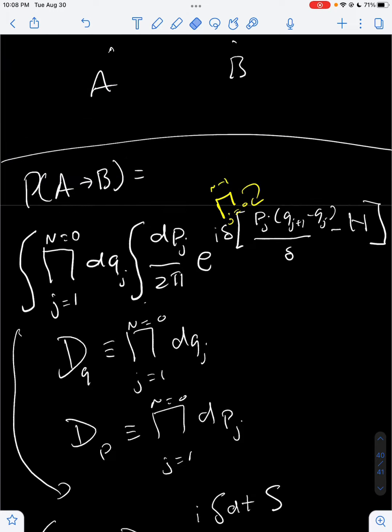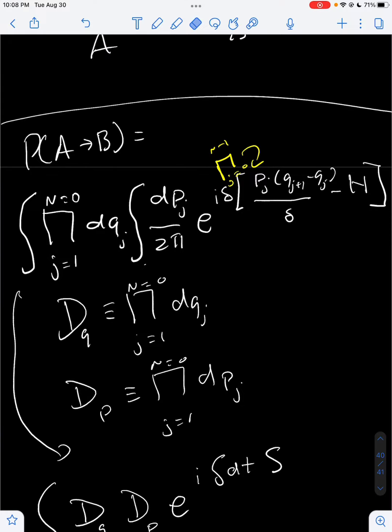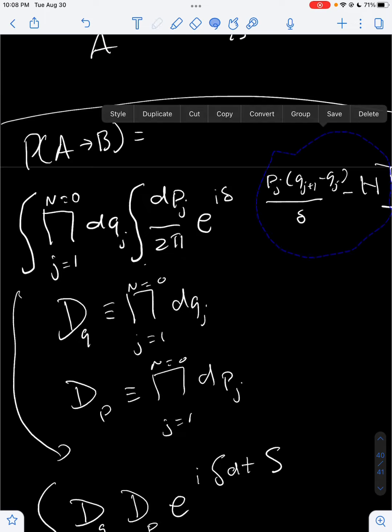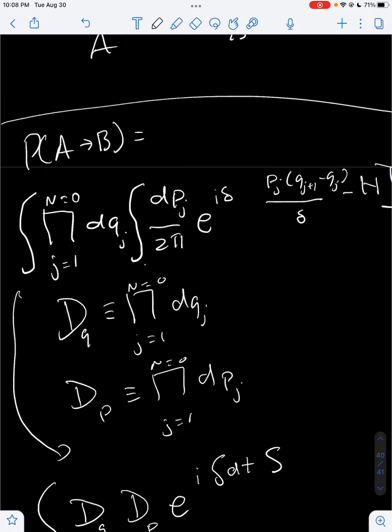So here is the formula for the path integral. I'm going to check with my notes to see if I am actually writing it correctly. Yes, I am writing it correctly. But technically speaking, we have to insert another sum here.